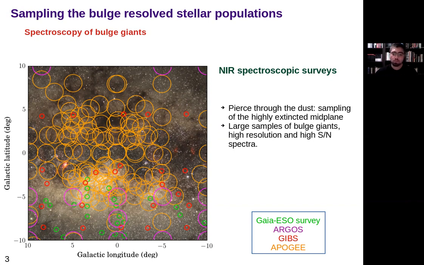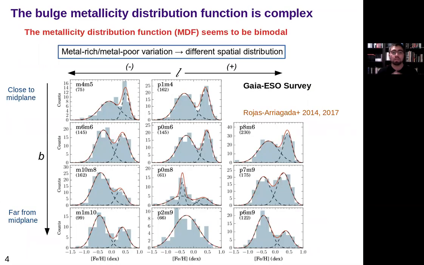In particular, here I'm showing you the APOGEE sample fields, which, as in the case of optical spectroscopic surveys, has been sampling bulge giants with spectroscopy. In this case, providing samples of bulge giants with high resolution and high signal-to-noise spectra, allowing us to go beyond the parametrization of fundamental parameters, to individual abundances, and also radial velocities, for example.